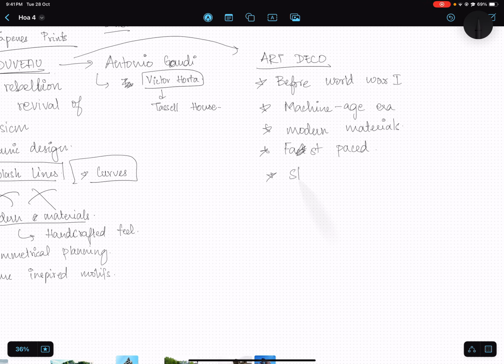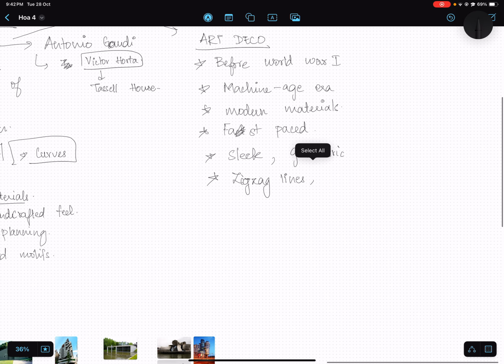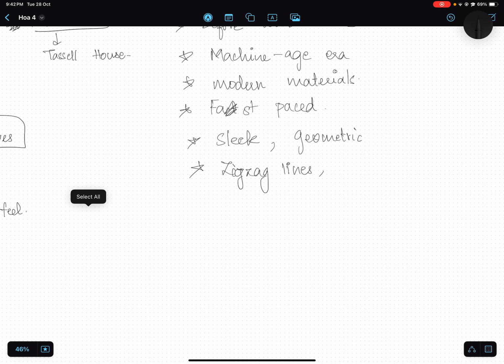Their structures are almost sleek, with geometric patterns. And they used zigzag lines and chevrons.